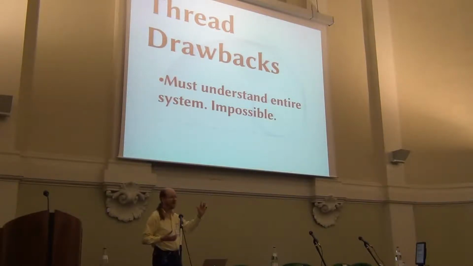And no one can hold that in their head. Another problem is that you can't really test for this very effectively, because the number of possible ways for this to interact is so great that running test suites only exercises a very small number of the possible ways these interact.